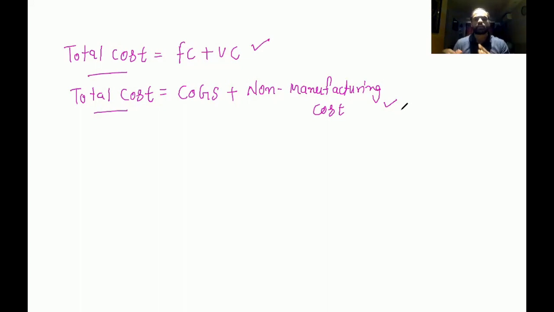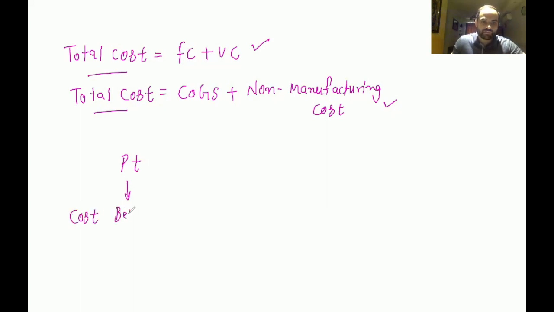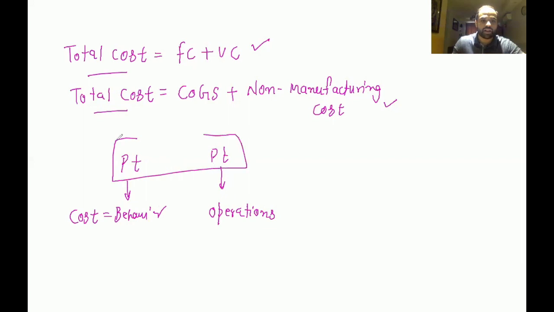So in our next lecture, we're gonna learn how to calculate profit if we use cost by behavior, and how to calculate profit when we recognize cost by function, by operations. So these 2 things we're gonna learn in next lecture.